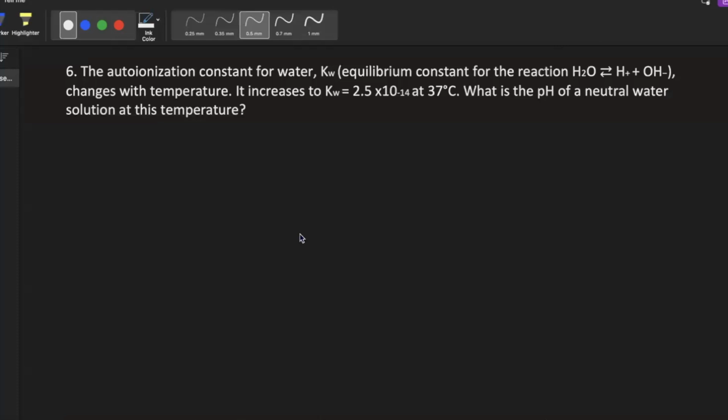Okay, so question number 6 says the auto-ionization constant for water, Kw, the equilibrium constant for the reaction H2O gives us H plus and OH negative, changes with temperature.